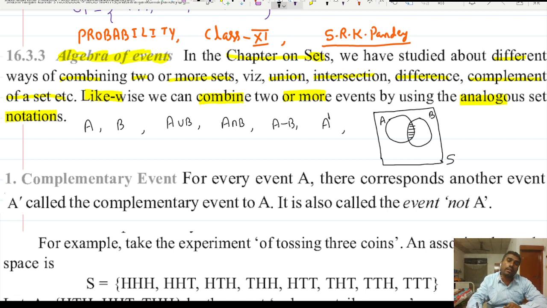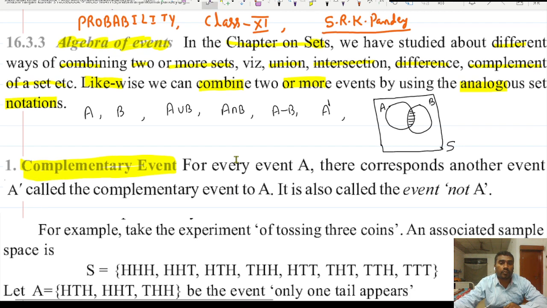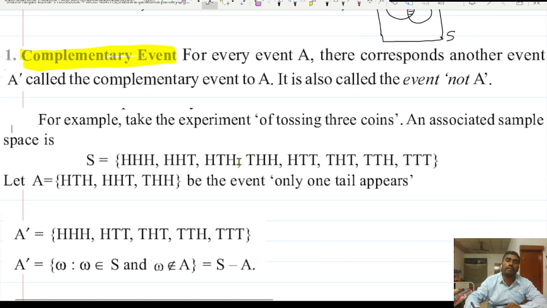First of all, we are going to discuss the complement of an event, right? What is the meaning of the complement of an event? If I first show you using the Venn diagram, it is very easy. I told you that this universal set we will consider as our sample space, right?